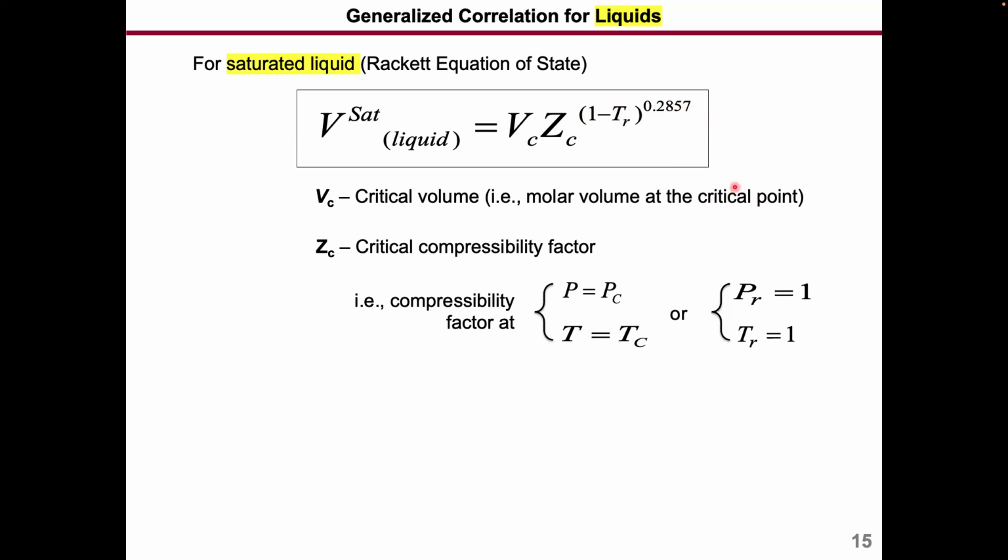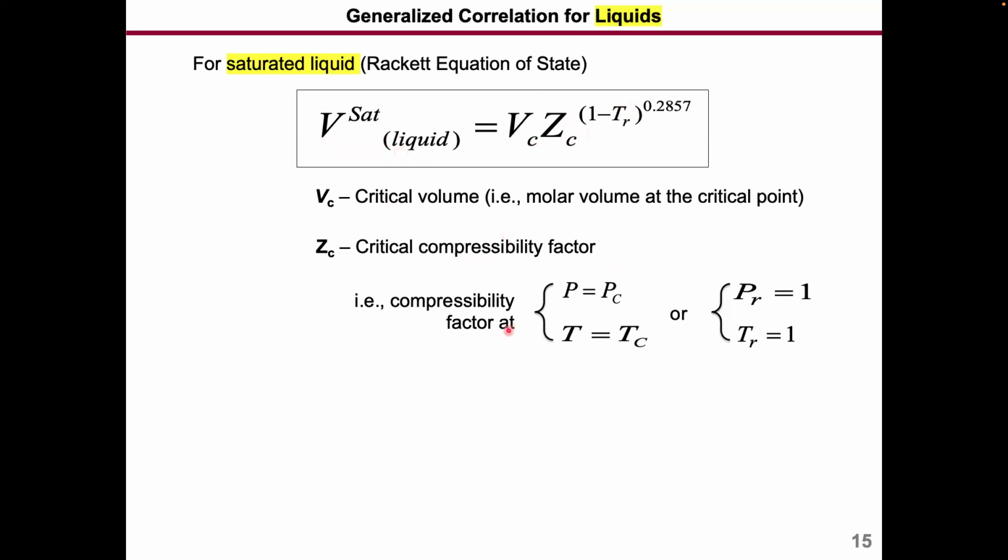But just imagine it's a thermodynamic state, the critical state. VC you can look up from the table in the previous slide, and ZC you can also look up. As long as you know your temperature, you calculate TR, plug these two values for a particular species back in, and then you can calculate your saturated liquid volume.